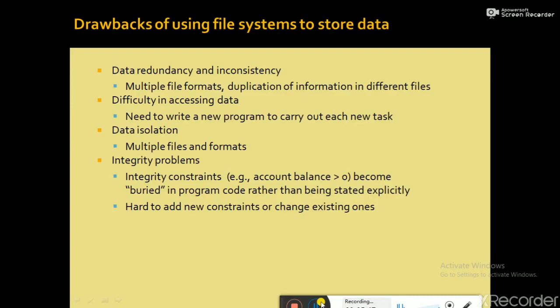For example, if you consider a banking enterprise which keeps information about all their customer records as well as their corresponding savings account records and current account records, then they should have multiple files to keep all the customer records, savings account records and current account records, and these files may be in different formats. As well, the file processing system should have multiple application programs.